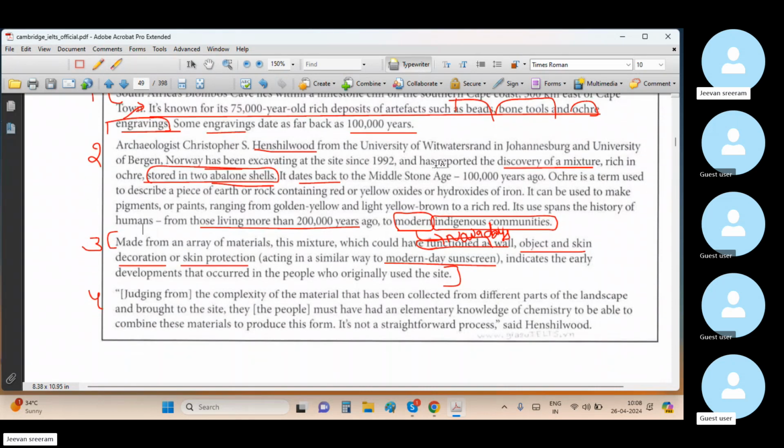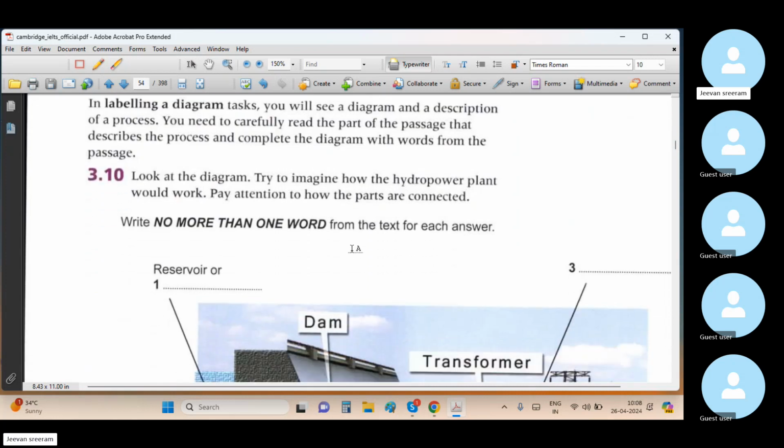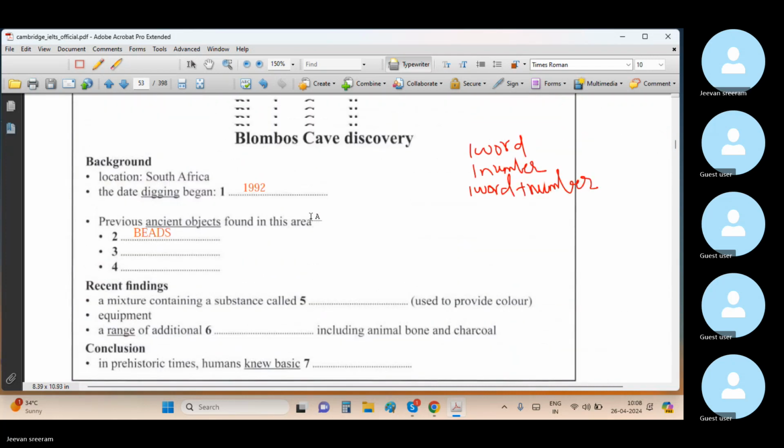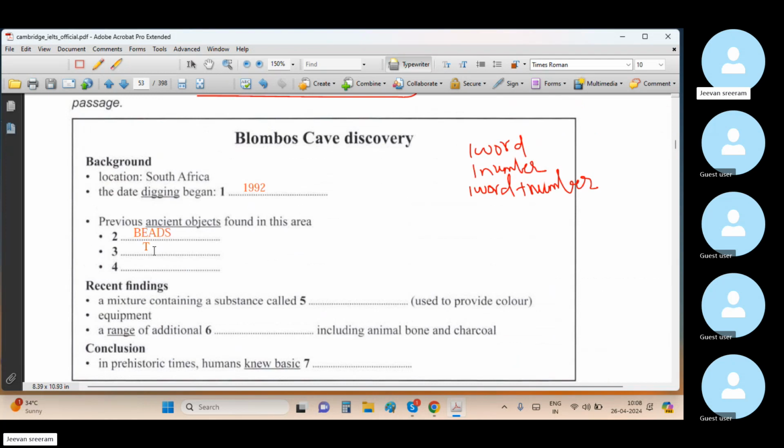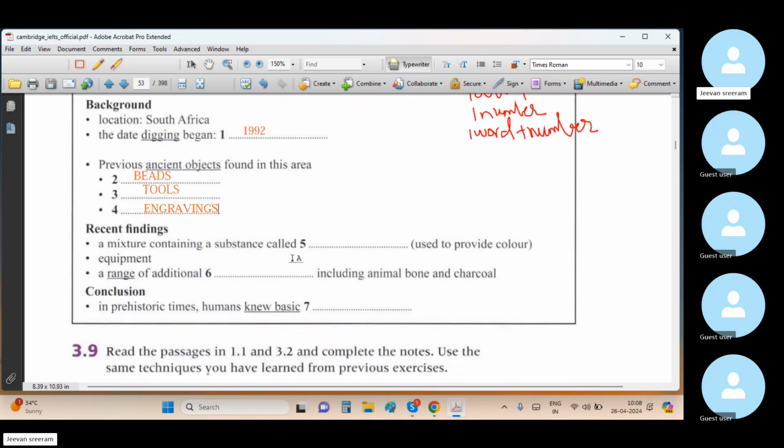Beads, tools, engravings. Right? You can't write bone tools, which is two words.